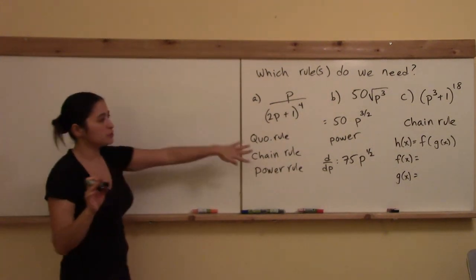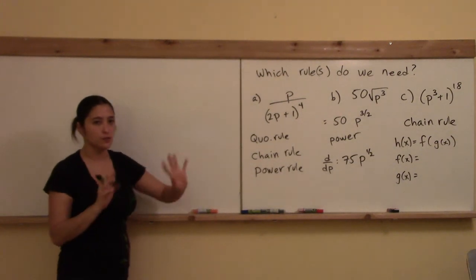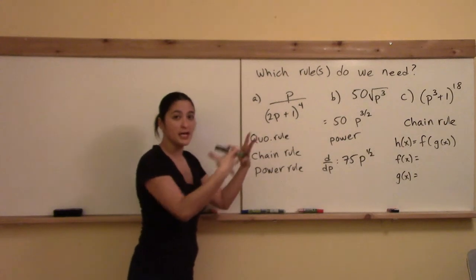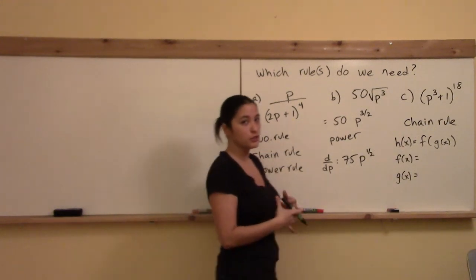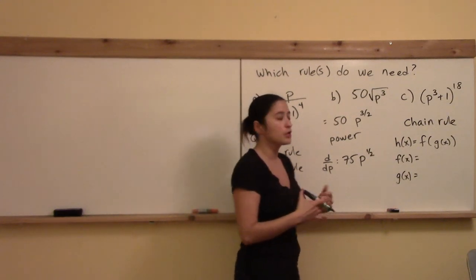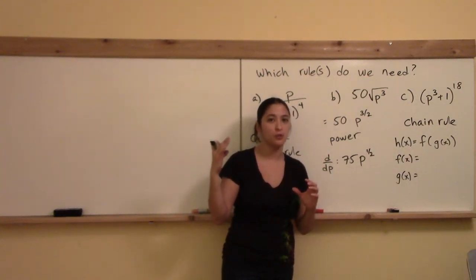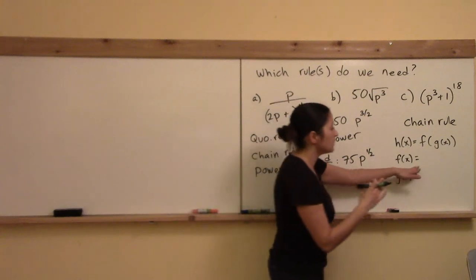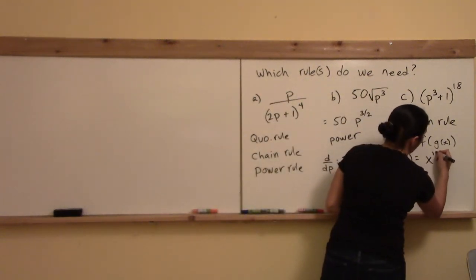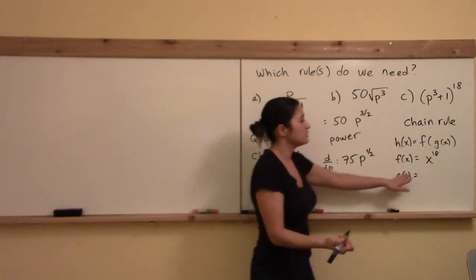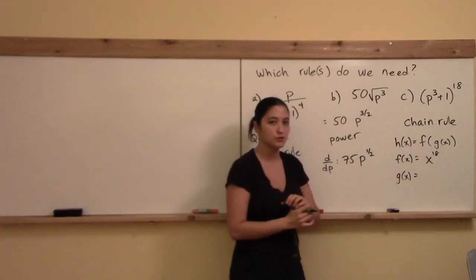Okay, how would you describe that composition in C? What's the outer function? It's a something to the 18th power, right? So if you're still having trouble recognizing these, a good rule of thumb is that if you have a quantity in parentheses raised to a high power, the outside function is x to that high power, or any power. It doesn't have to be a high power. Just it's the quantity to that power is what you're doing on the outside.